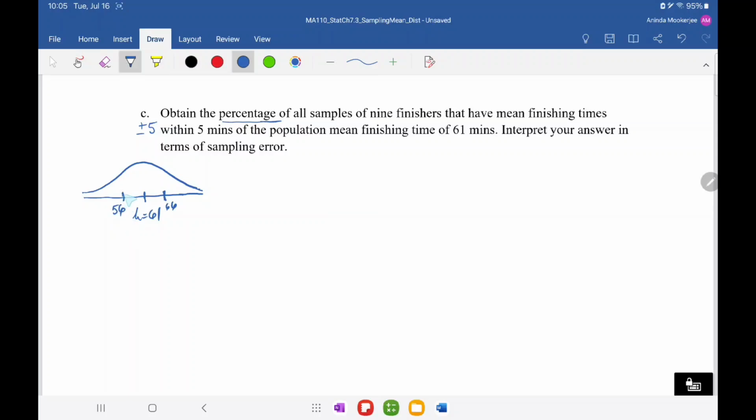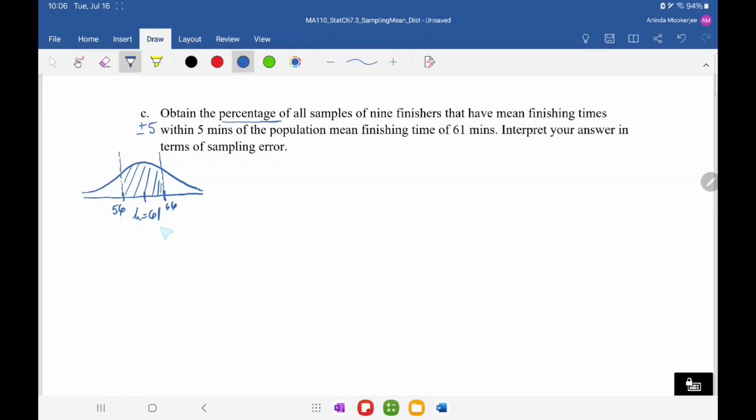We extend the lines vertically up from 56 and 66, and then we find the area between these two delimiting values. Once we find the area, we can convert that to a percentage, right?